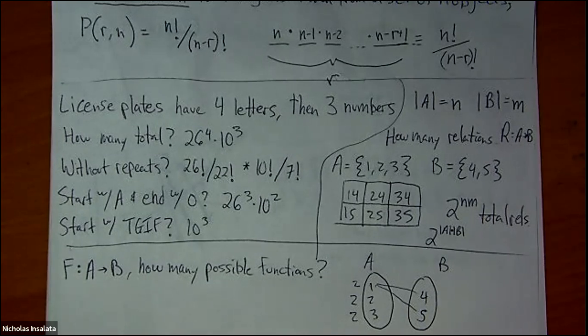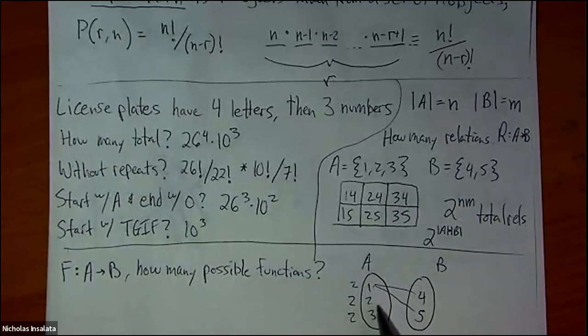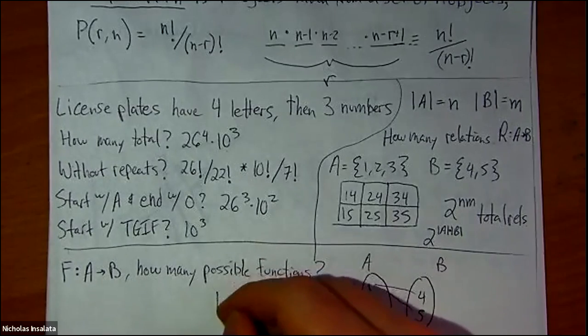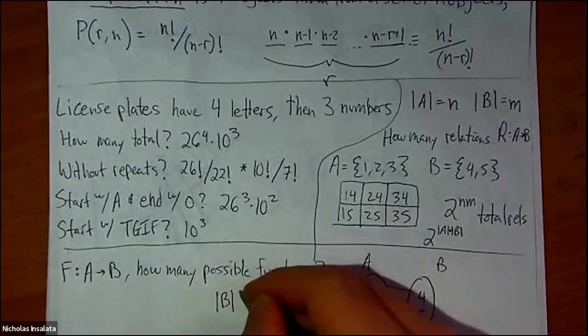Not multiplied. Well, in this particular example, there would be 8 of them, right? Because you have 2 options here times 2 options here times 2 options here. A to the bth power. Almost. You're almost there. Other way. B to the A power, right? The size of the set B raised to the size of the set A power.